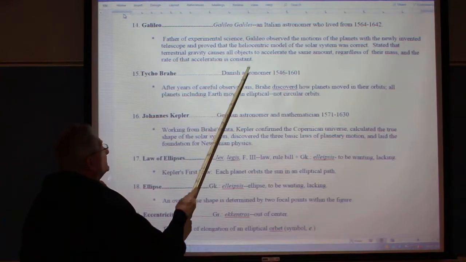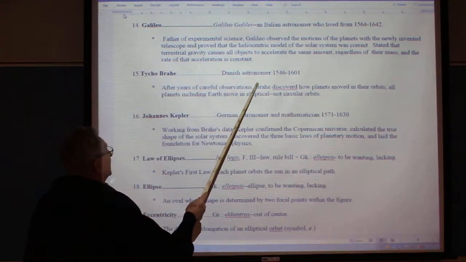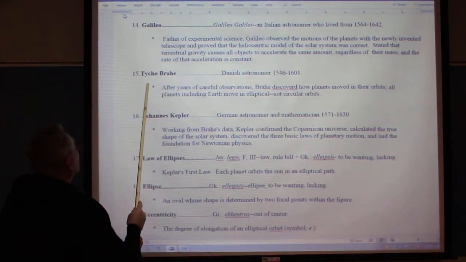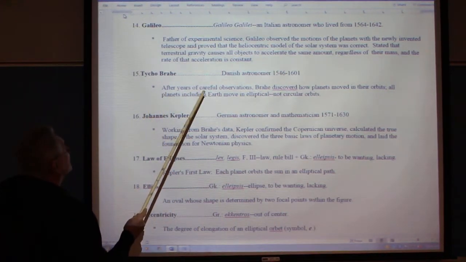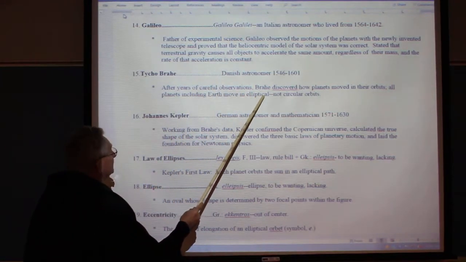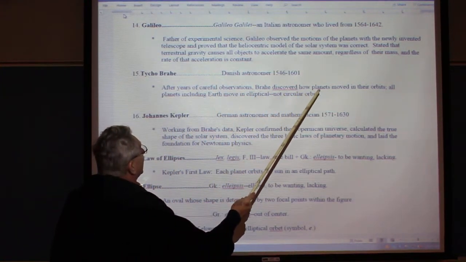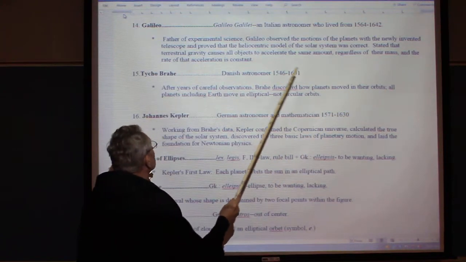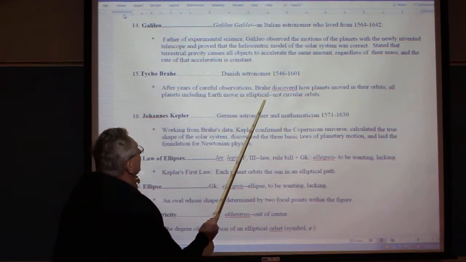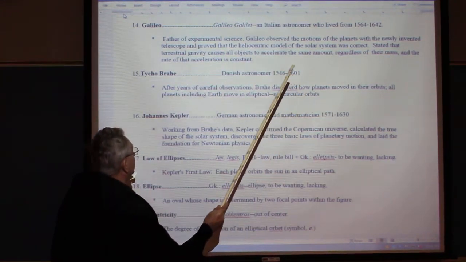There was a famous Danish astronomer, 1546 to 1601, Tycho Brahe, if that's how you pronounce it. After years of careful observation, Brahe discovered how planets moved in their orbits. All planets, including Earth, move in elliptical, not circular patterns.